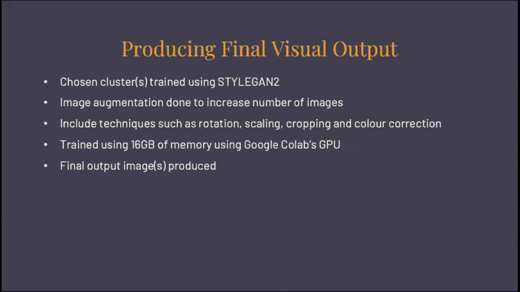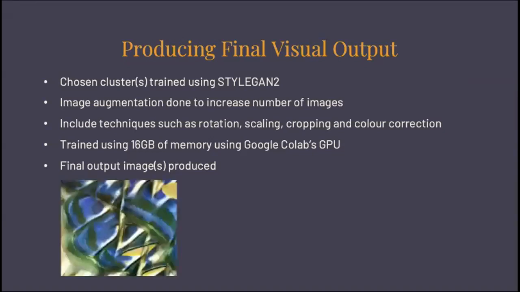Moving on to produce the final visual output, the chosen clusters are then trained using StyleGAN2 and image augmentation is done to increase the number of images. This is then trained using Google Colab's GPU and the final output images are produced. So in the example of Moonlight Sonata, the final image produced was this picture.